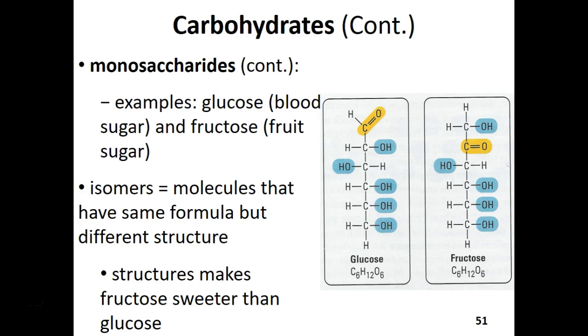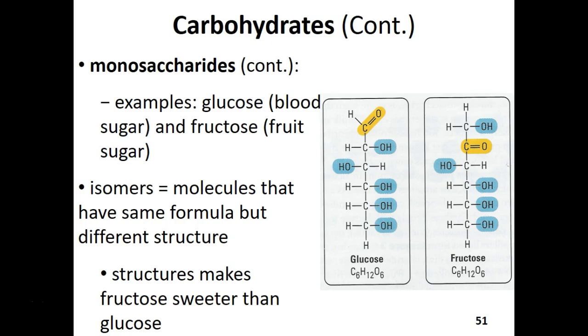Glucose and fructose have the exact same chemical formula, and you can see that down here, C6H12O6, but they have a different makeup. So the atoms are not in the same exact order. And because of that, they're called isomers of each other.